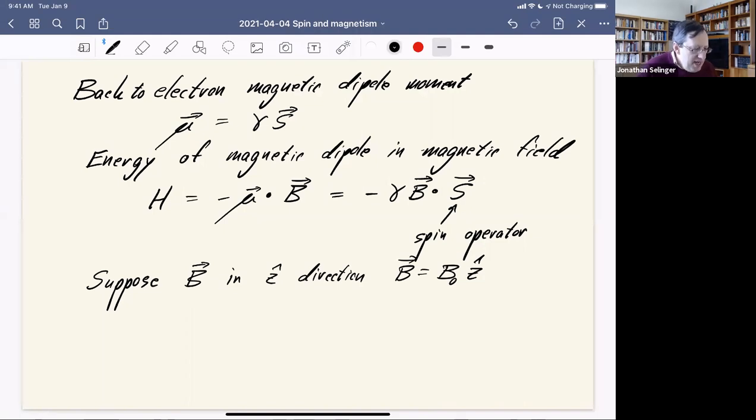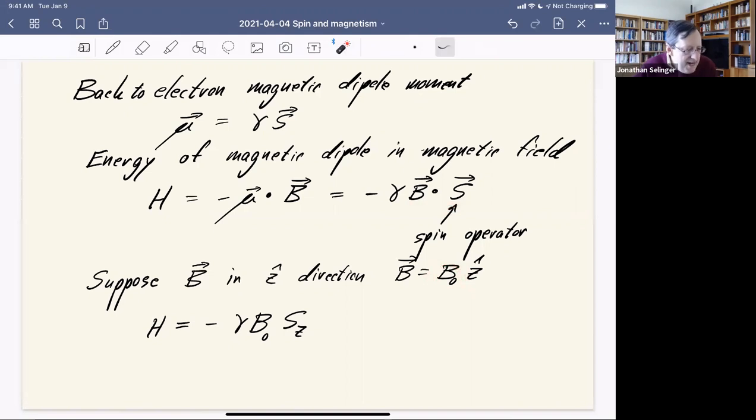Then the Hamiltonian is negative gamma B naught times S sub Z. It's Bx times Sx plus By times Sy plus Bz times Sz, but Bx and By are 0, so it's just Bz, which is this thing.